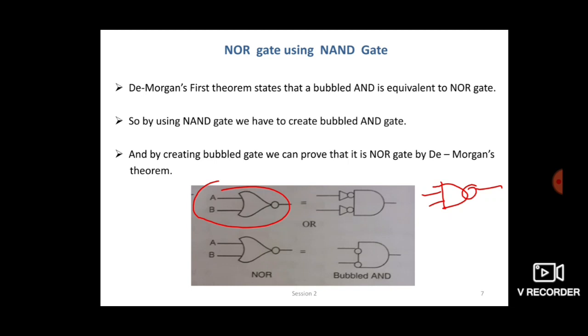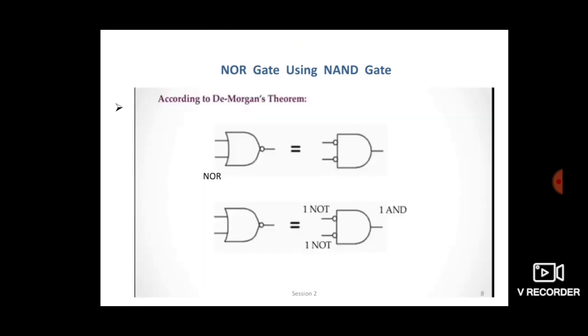Understood, student? So using De Morgan's first theorem, we can create this NOR gate. According to De Morgan's theorem, this is the NOR gate symbol and this is the bubbled AND gate symbol. For this bubbled AND gate we use NOT gates: one NOT gate attached here, another NOT gate attached here, and except for these NOT gates, the remaining part is an AND gate.